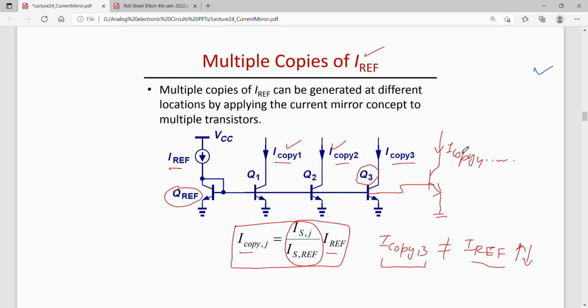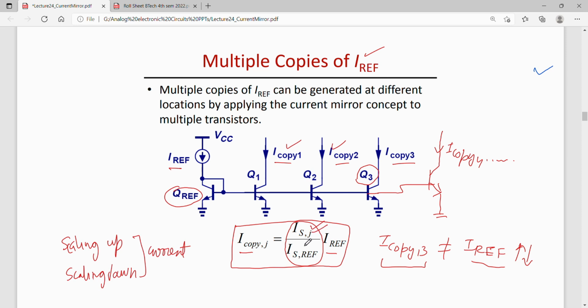So scaling up and scaling down of the current are both possible, through this ratio of saturation current.